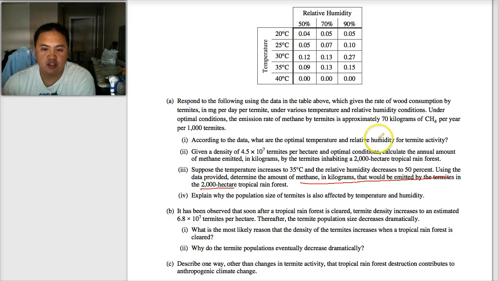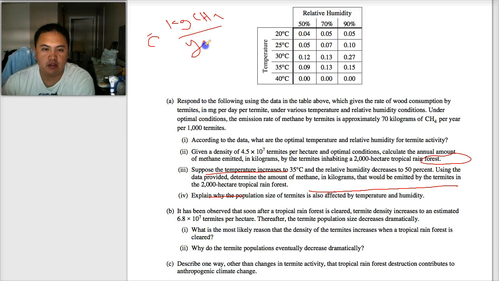Okay, number 2, it says calculate the annual amount of methane emitted in kilograms. That's what I want. I want the annual amount of emitted kilograms. So the units that I want are how many kilograms of CH4 per year. That's what I want. How many kilograms of CH4 per year, right? You guys understand that?